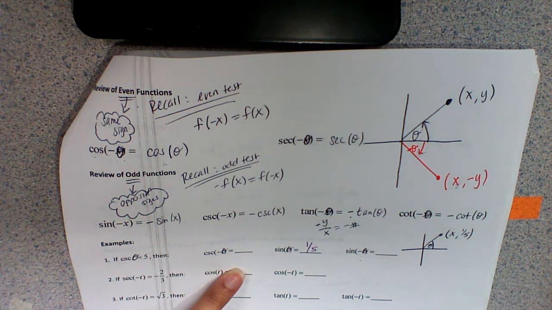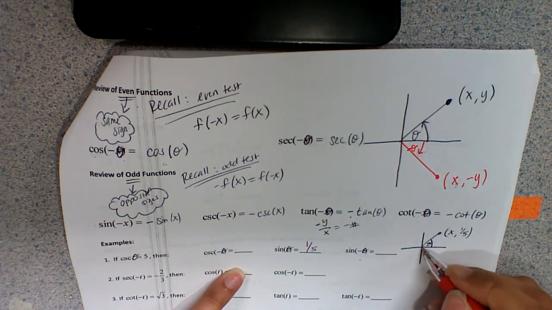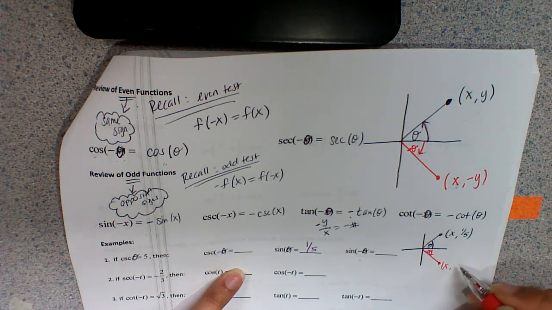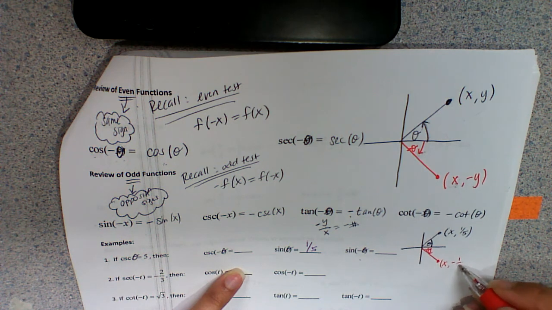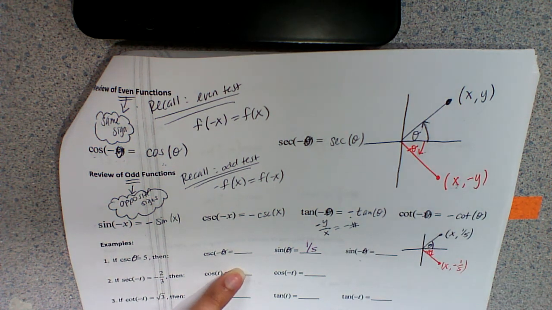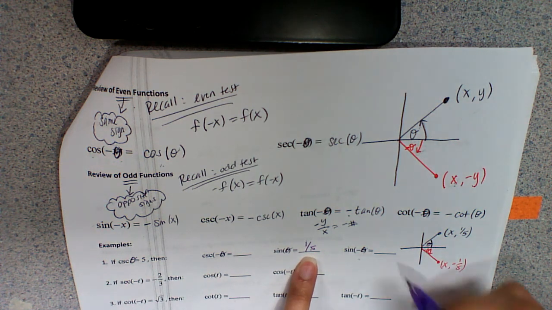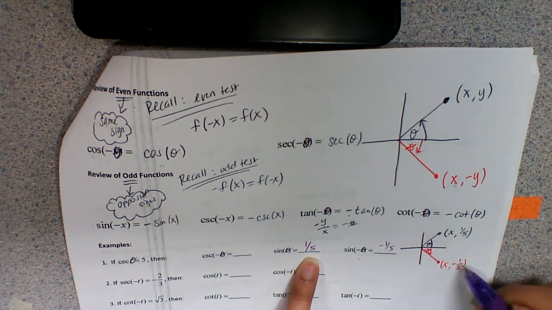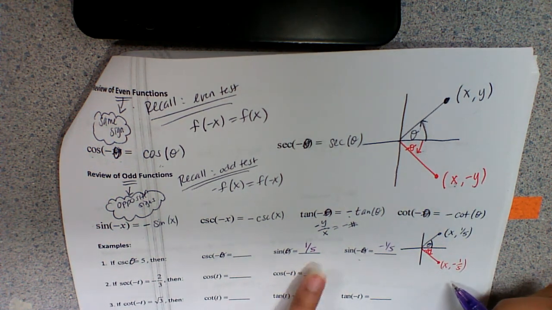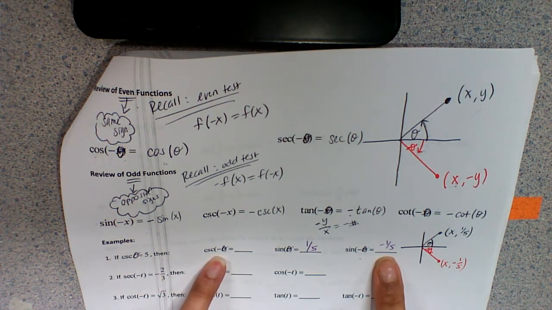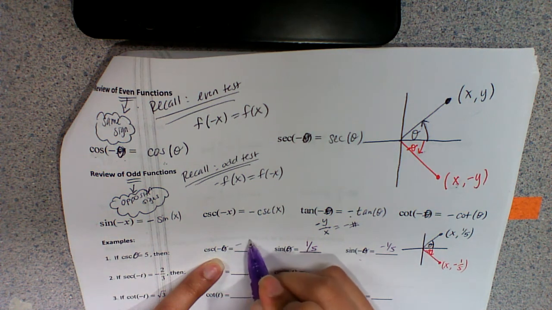Now if I want a negative angle, this way, our x is still positive, but our y becomes negative because of the location. So that tells me that sine of negative theta will be negative 1 over 5 based on this new location, because we're talking about a negative angle, and cosecant then will simply be the reciprocal of that, so negative 5.